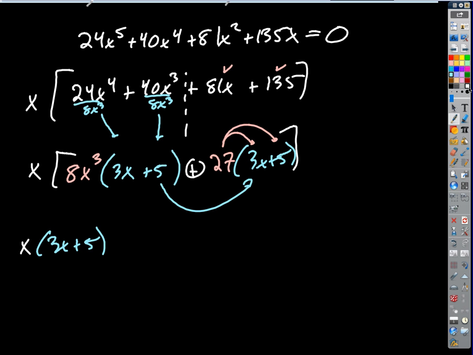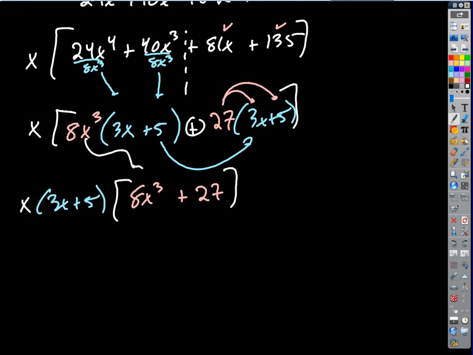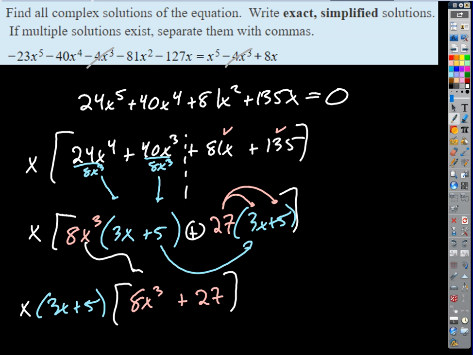Now what's left inside my brackets? 8x cubed plus 27. At this point, do they really need to be brackets anymore? No, they can just be parentheses. They served their purpose. And this whole thing is equal to 0, right?